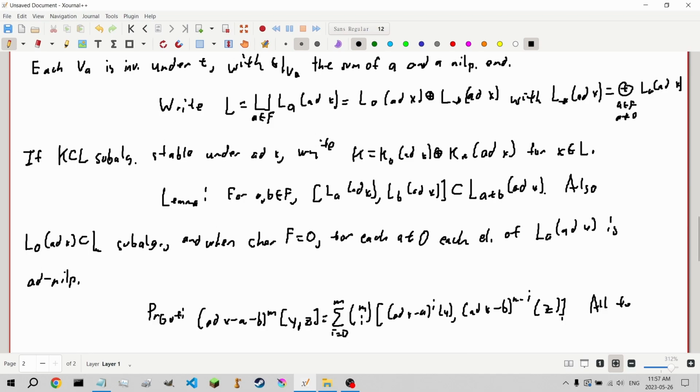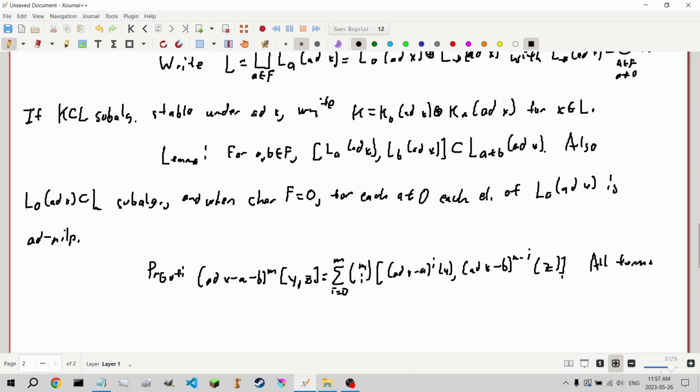All terms on the right hand side are 0 for large m, where y is in L_a of the adjoint of x, and z is in L_b of the adjoint of x.